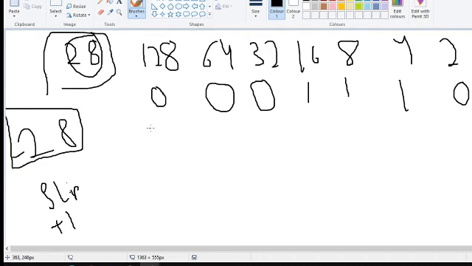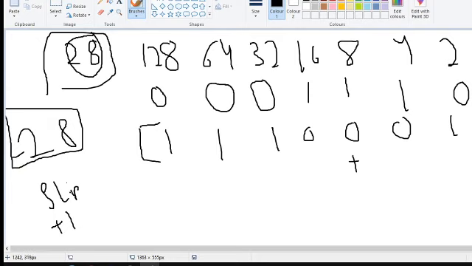So for this, if you were to flip it, 1, 1, 1, 0, 0, 0, 1, 1. That's called 1's complement, the direct flip of what's going on. And what you do here is you take this and you plus 1 to it.